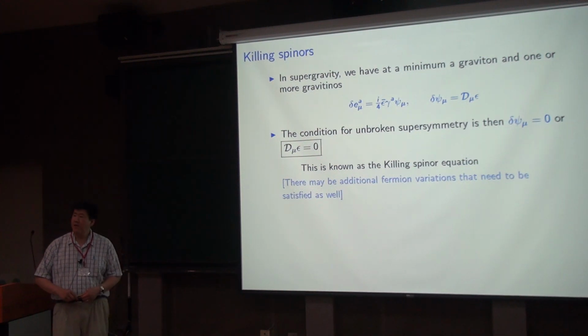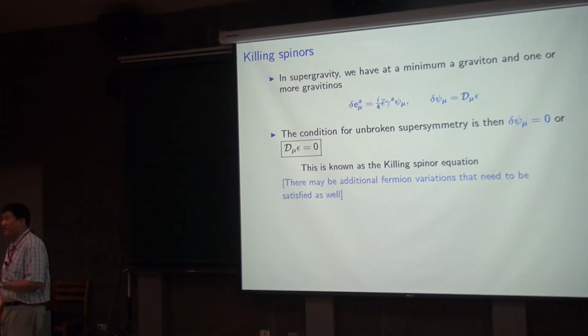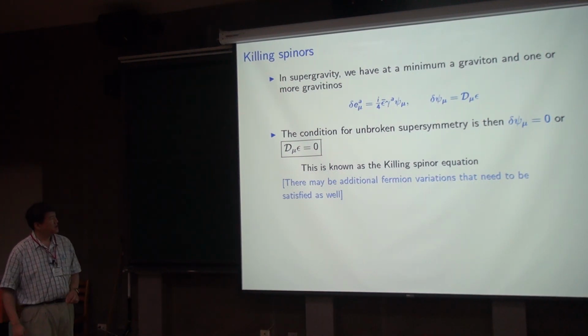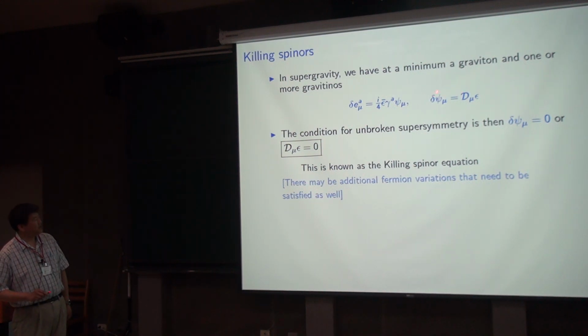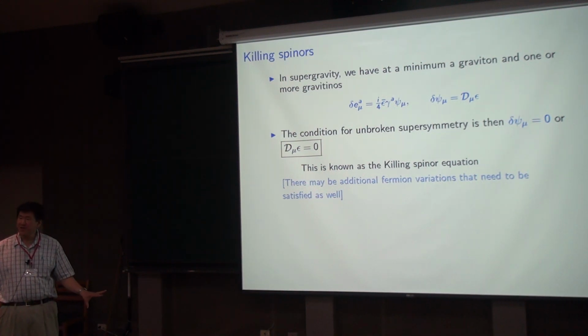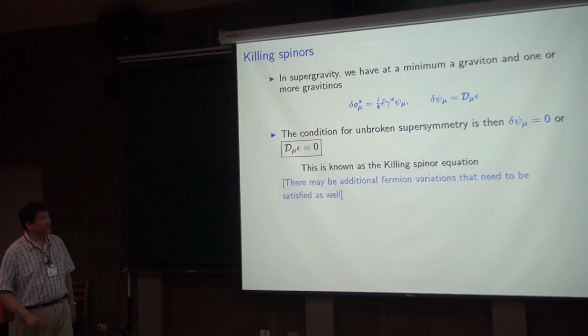So we consider, if I had a supergravity theory, at a very minimum, I would have a metric field, or a Vielbein over here, and I have a gravitino psi_mu. I might have other stuff as well, but this is a very basic minimum. It's not supergravity if it doesn't have a metric and a gravitino.